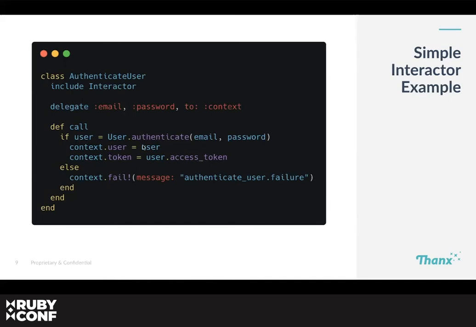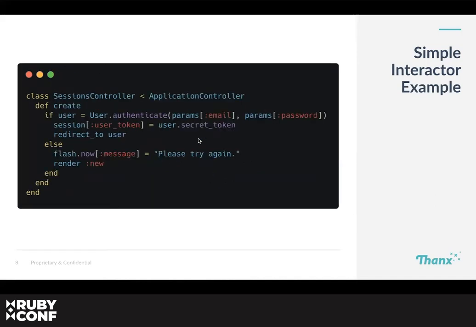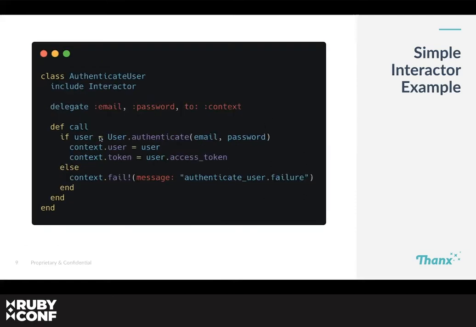But you pass in user.authenticate. So if you recall, this is the same exact logic, user.authenticate here. You pass it in and then you respond with user.token. You're adding that information onto the context if it's successful. Otherwise, you return the message authenticate_user.failure, which is the translatable localized error key.